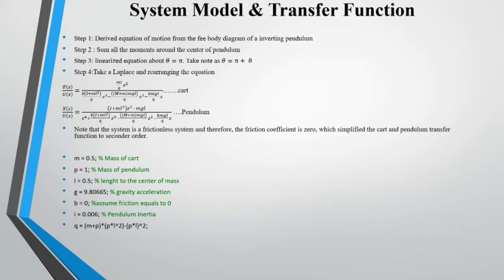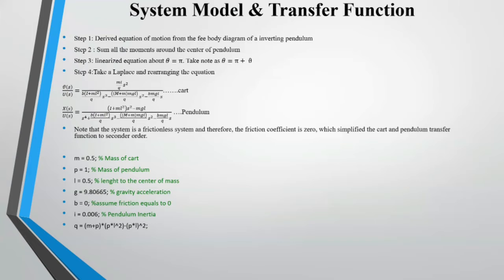For our system, we can assume that the friction is 0 because our model was based on a software simulation. As you can see, our system was reduced to a second order system, and from those two transfer functions, we can get the transfer function when we put in the parameters of our system.